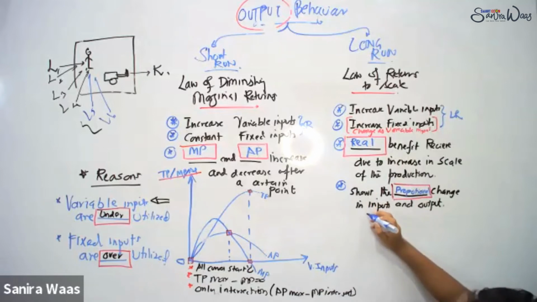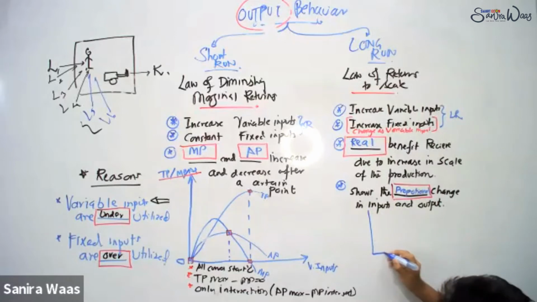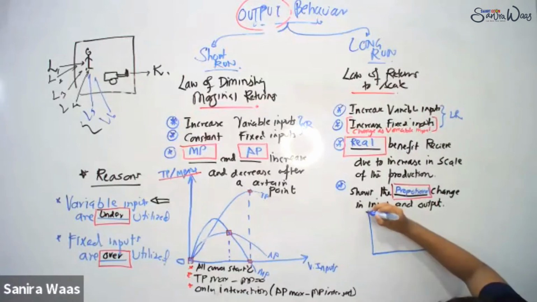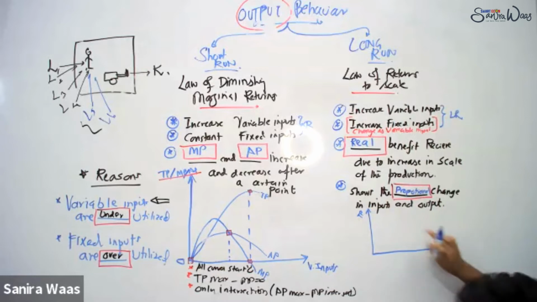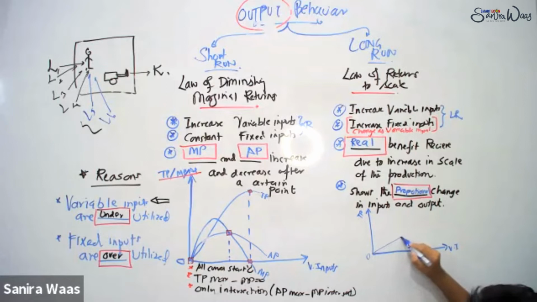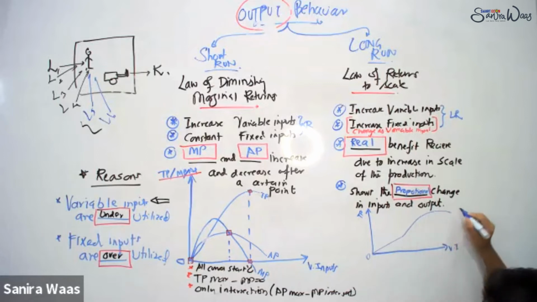I'll try to keep the diagram very short. This is variable input, this is the total production. Right. Now I'll draw the diagram, tell me whether this is right or wrong. Is this right or wrong?